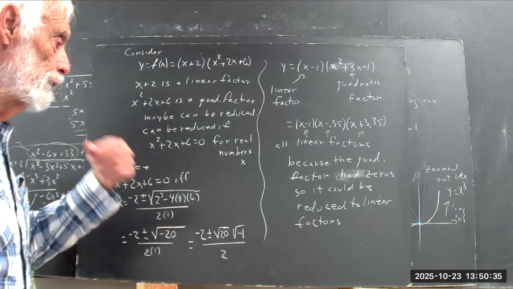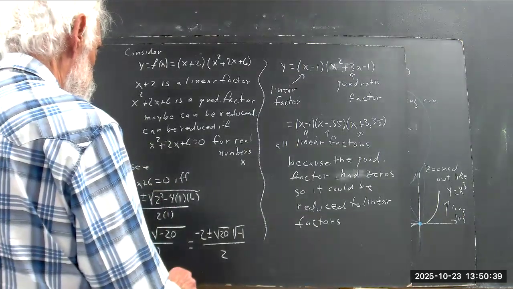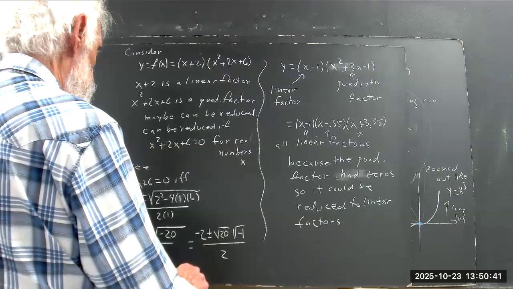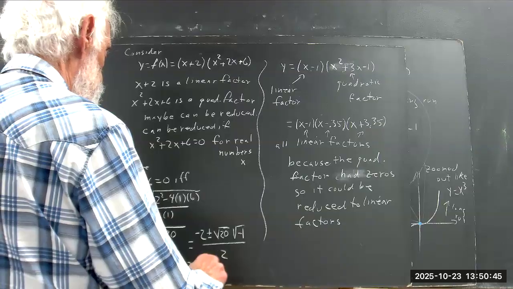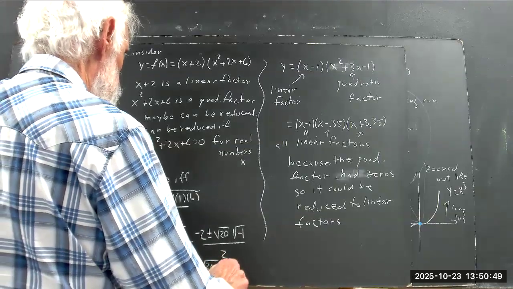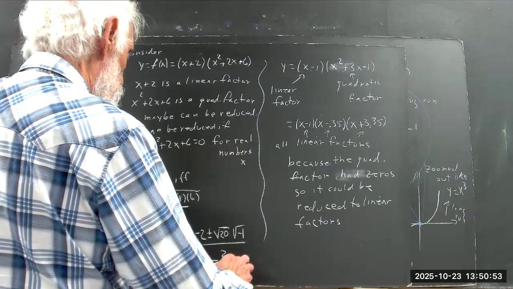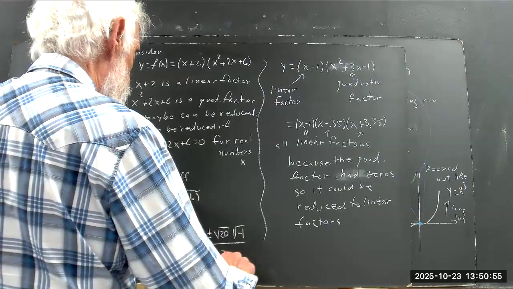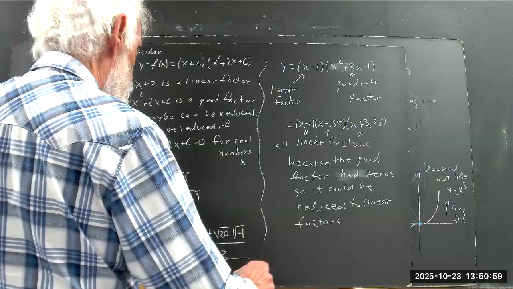But we're going to call that our basic imaginary number. I tried to make a good i there. That's i for imaginary.